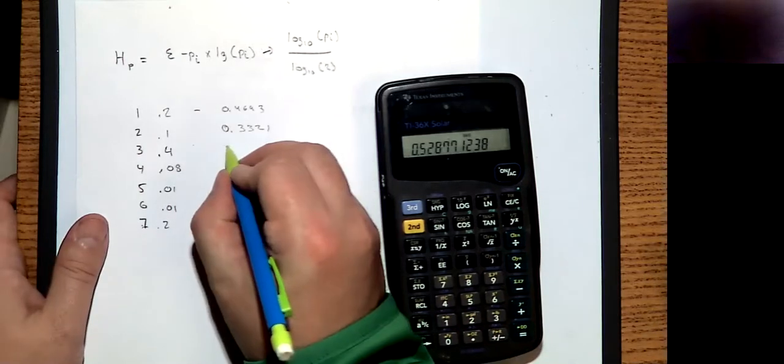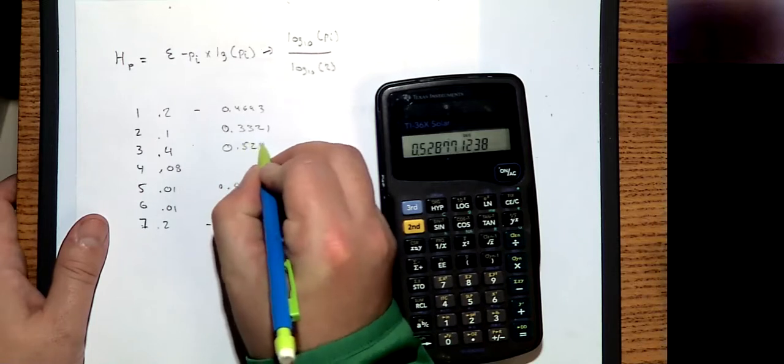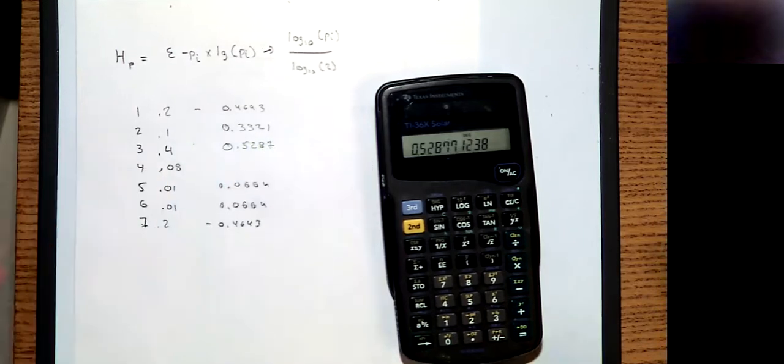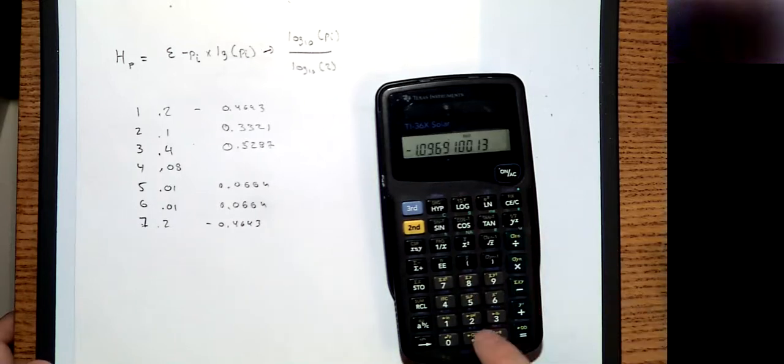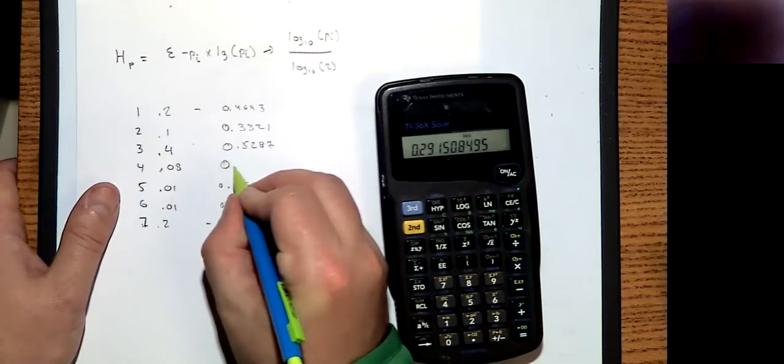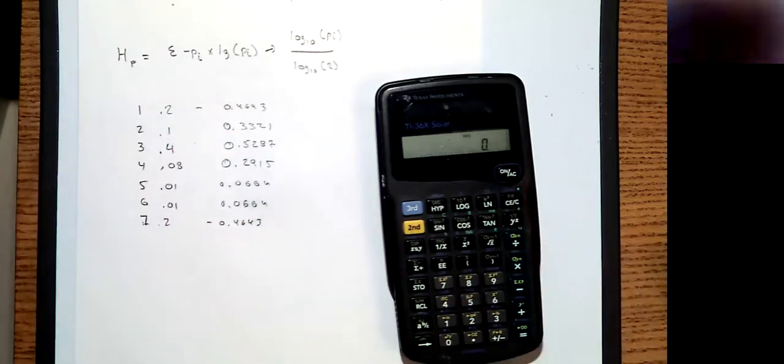This gives us 0.5287. Lastly, log of 0.08 divided by log of 2 gives us the negative number as we hoped for, times 0.08, times negative 1, and we get 0.2915.